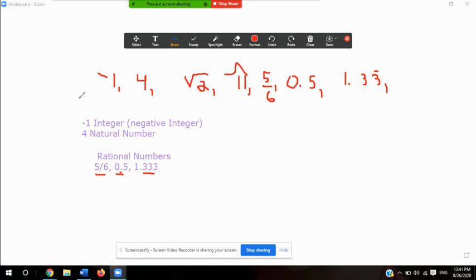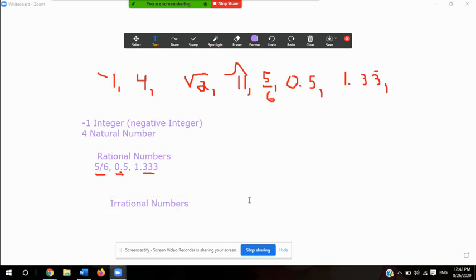Okay, so the last type of number that we discussed in class are irrational numbers. Irrational numbers are basically numbers that are not repeating decimals and not terminating decimals. For example, the square root of 2 is irrational. If you calculate the square root of 2, you get approximately 1.41, but the reality is that the square root of 2 is not a repeating or terminating decimal.